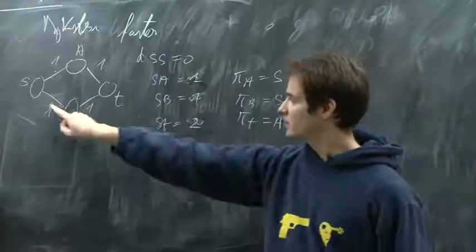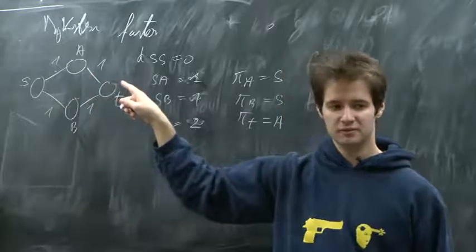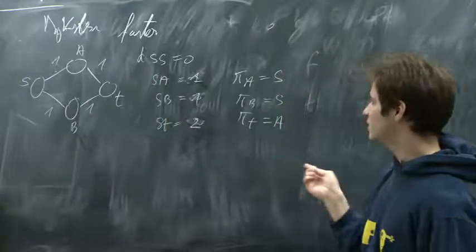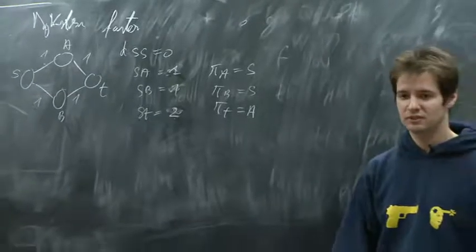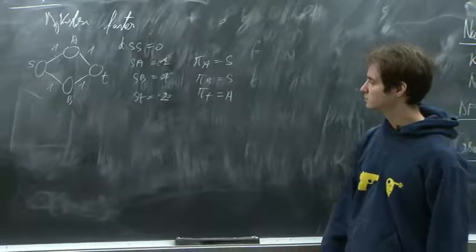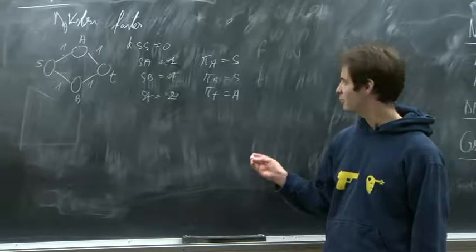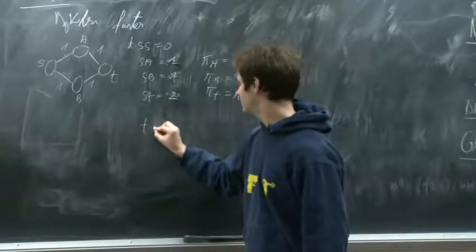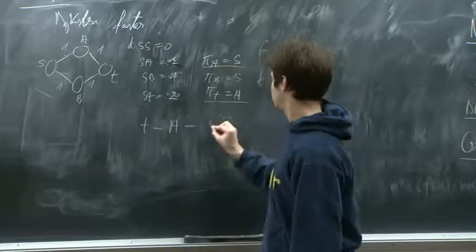Now if I relax them in this order instead, so the bottom ones first and the top ones afterwards, I'm going to get a different path, right? So what path do I have now from S to T? Right now you have SAT. Why SAT? How do you compute the path? Parent pointers, right? Start at T, look at the parent pointer, look at the parent pointer.